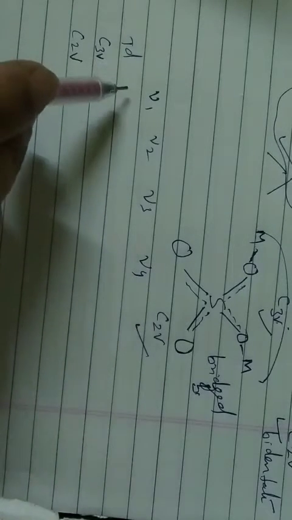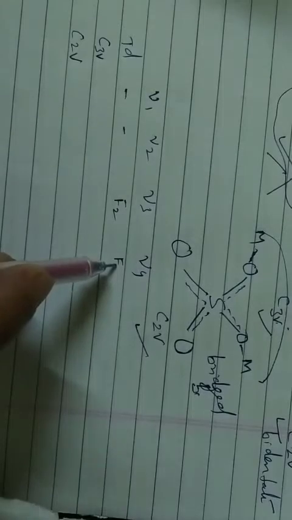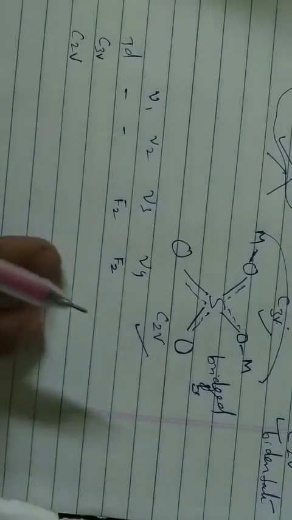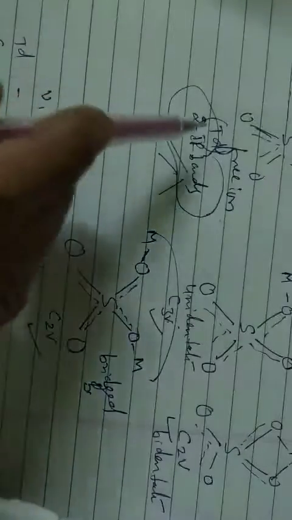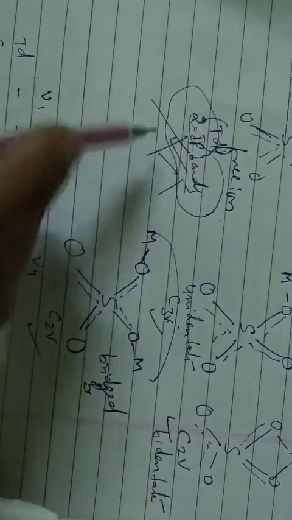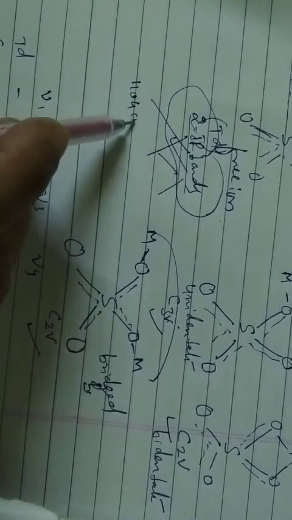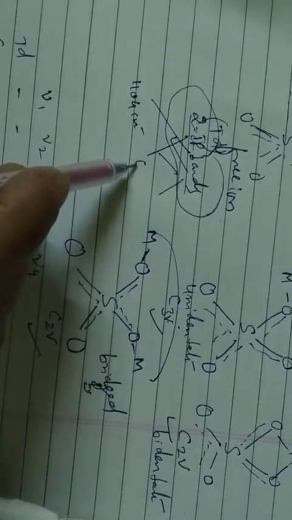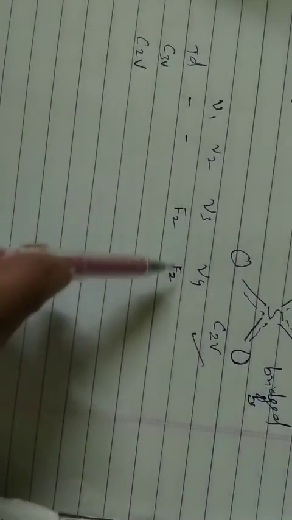For the tetrahedral ion there is no nu1 and nu2 band, so only two bands are shown here, nu3 and nu4. One band is around 1104 per centimeter, and one band is around 613 per centimeter. This is clearly mentioned in the table.